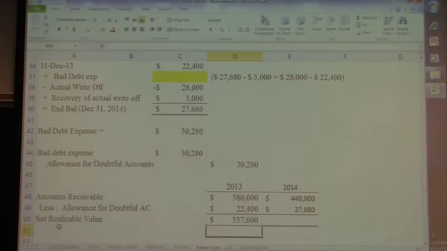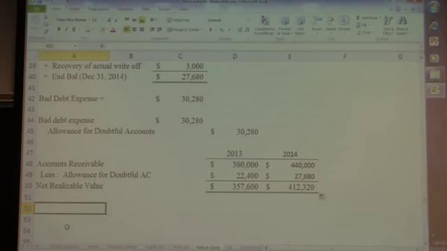In this case it would be $357,600 in 2013, and in this case it would be $412,320.